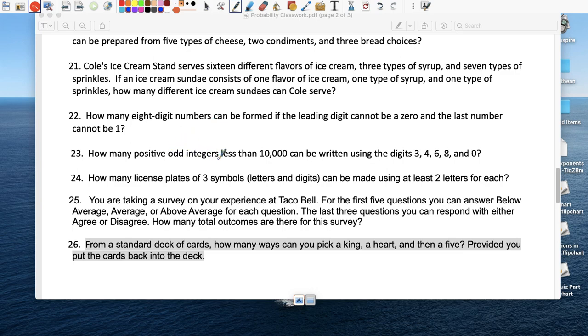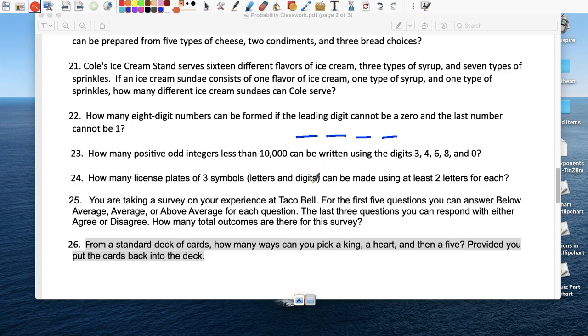How many positive odd integers less than 10,000 can be made using the numbers 3, 4, 6, 8, and 0? Well, if it's less than 10,000, it can't be 10,000, so it has to be 9,999 going down.